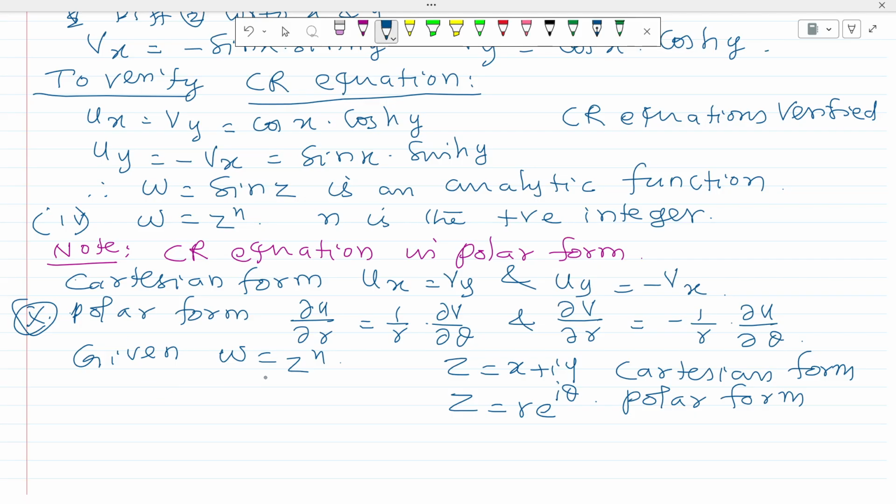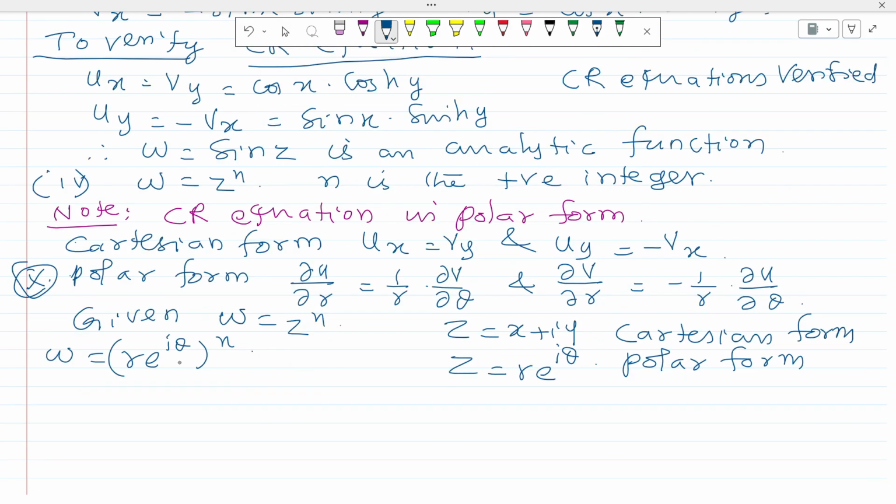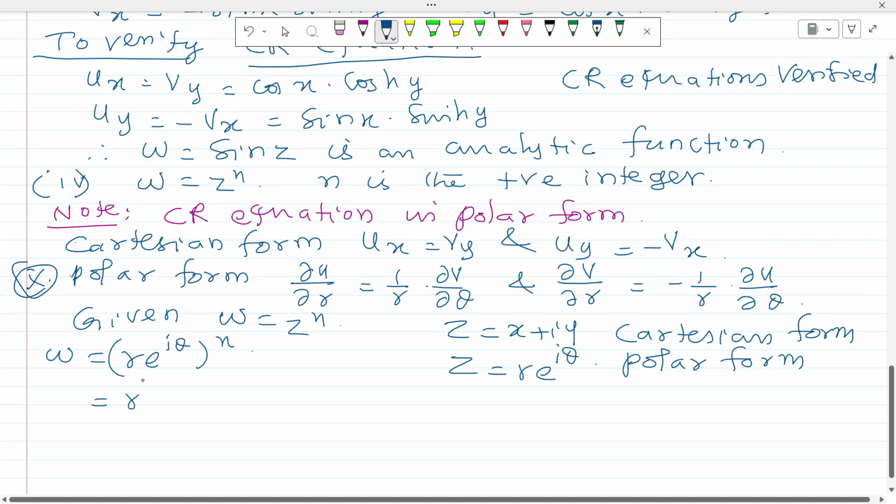So for W equal to Z power n, we substitute r e power i theta whole power n, then r power n e power i n theta.